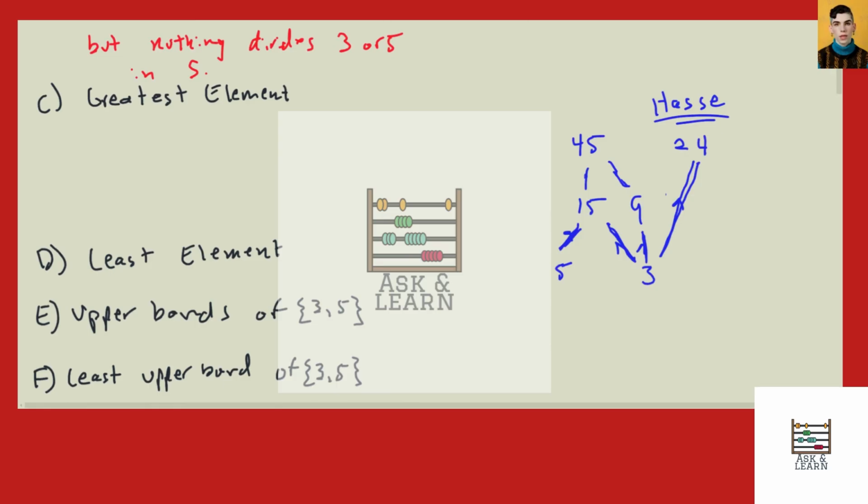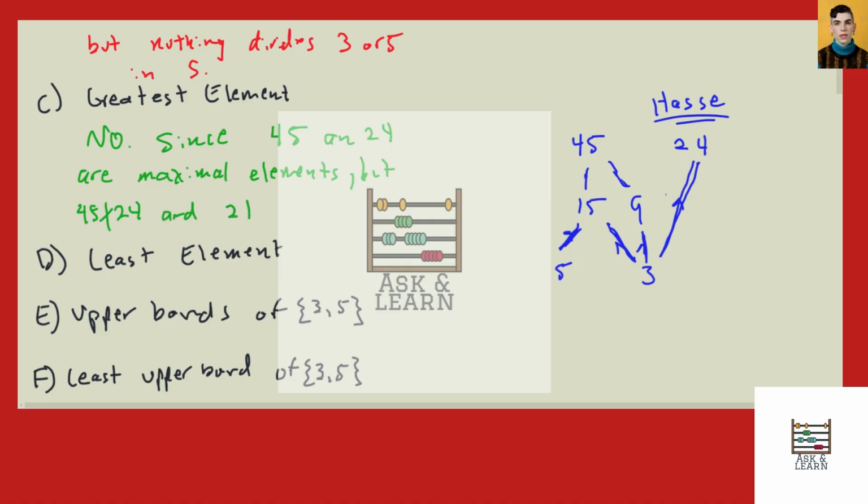So the answer would be no, since 45 and 24 are maximal elements, but 45 does not divide 24, and 24 does not divide 45.